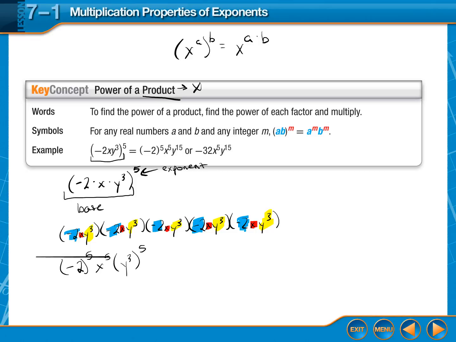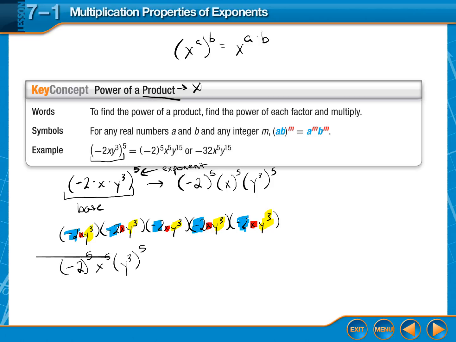What the power of a product says is that when we write this all out as multiplication and then combine it again with exponents, each part of the product, negative 2, has a power of 5 now. X has a power of 5. Y to the third has a power of 5.